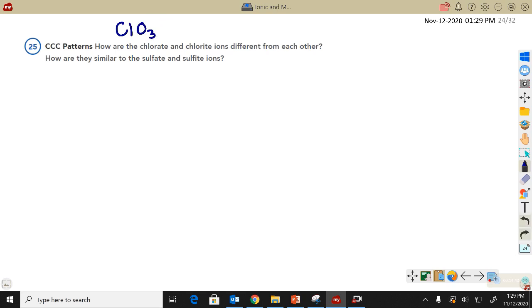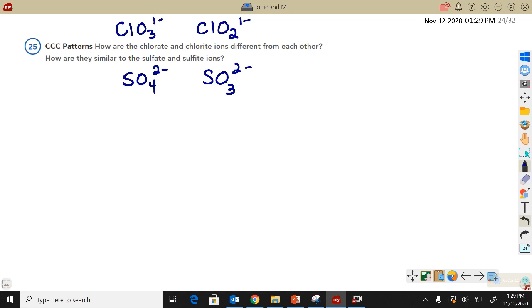I'll do it the same way as in the chart. 1-. And chlorite, ClO2, 1- or -1. Sulfate is SO4, 2 minus or minus 2. And sulfite would be SO3, 2 minus or minus 2.